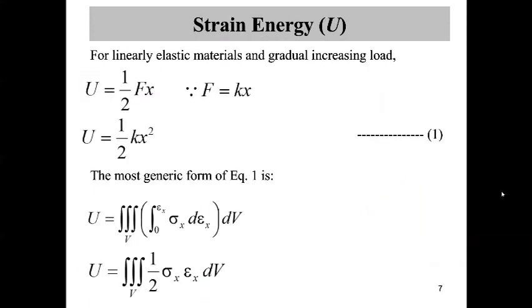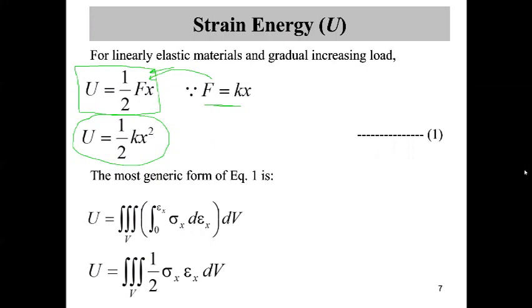For linearly elastic materials and gradually increasing load, the strain energy U is 1/2 times F times X. This equation is nothing but the area under the load displacement curve, where F is K times X. Now if we substitute for F, we will get an equation very similar to what we have in equation 1.